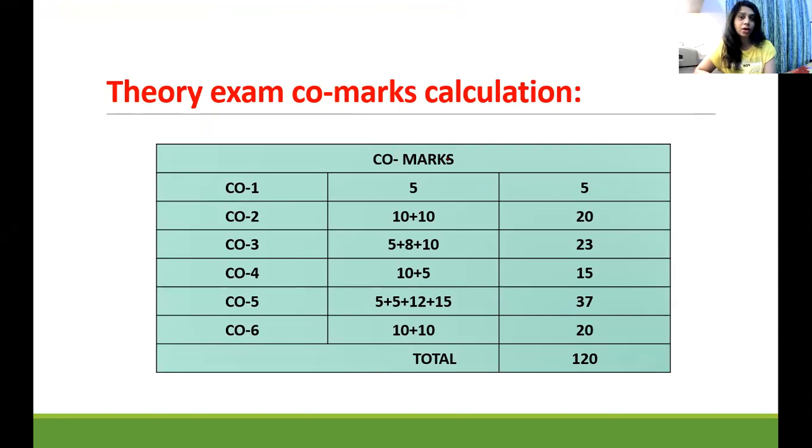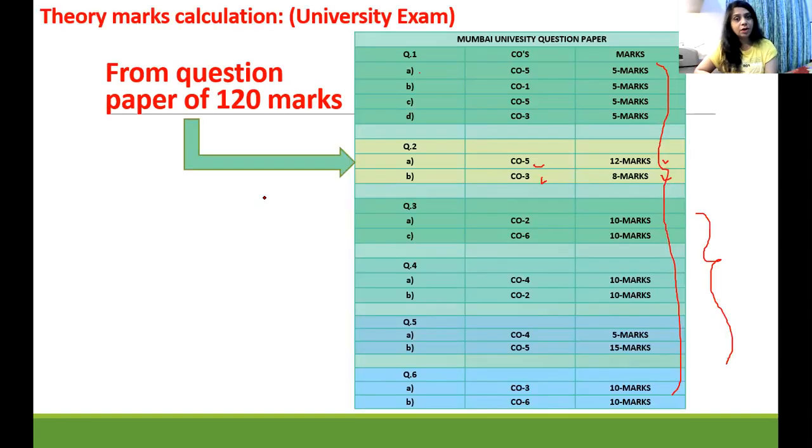Now next, write all COs in the first column, that is CO1, CO2, 3, 4, 5 and 6. Then write CO marks. Now let's see in a particular question paper, CO1 is asked how many times and for how many marks. Here we observe that CO1 is asked only for 5 marks. You check everywhere, CO1 is not asked anywhere but only here, for 5 marks.